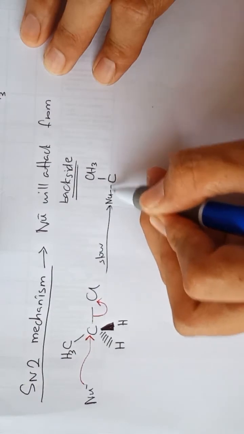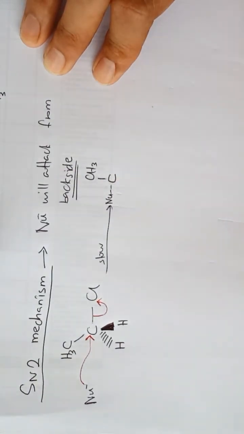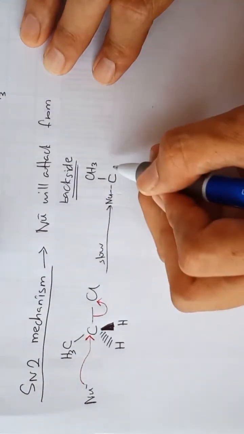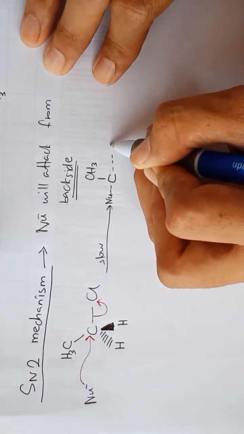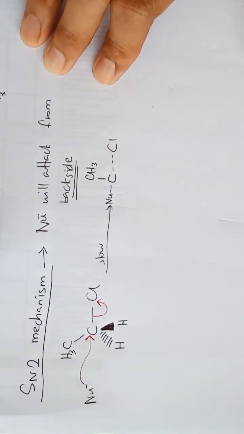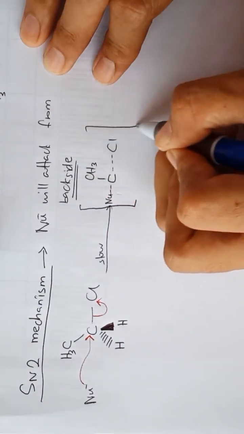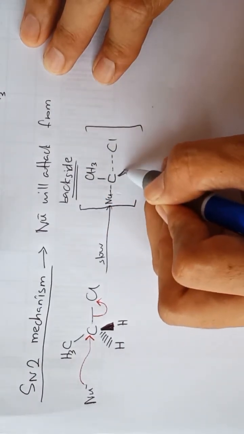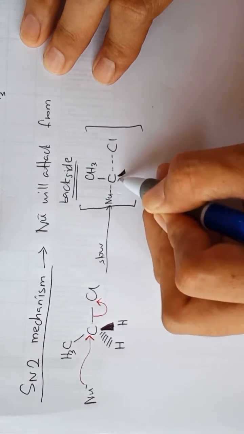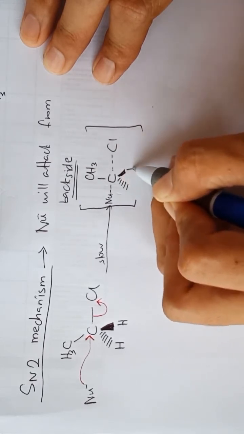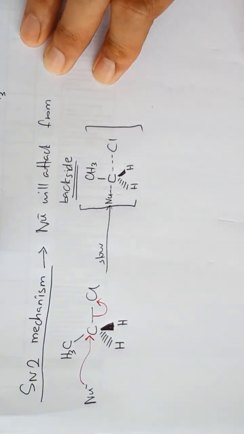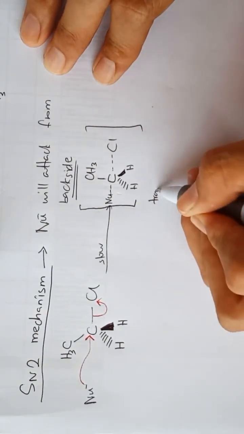This is a dotted line here because it is partially bonded, while the carbon chlorine bond will be partially broken. This hydrogen and this hydrogen will be at the center like this. This is called a transition state.